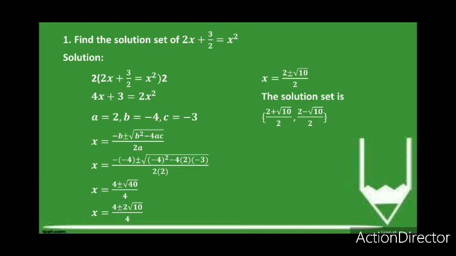We will reduce it and the result will be x equals 4 plus or minus 2 times the square root of 10 over 4. The final answer is 2 plus or minus square root of 10 over 2, and the solution set is 2 plus square root of 10 over 2 and 2 minus square root of 10 over 2.